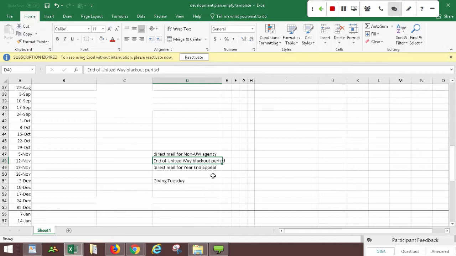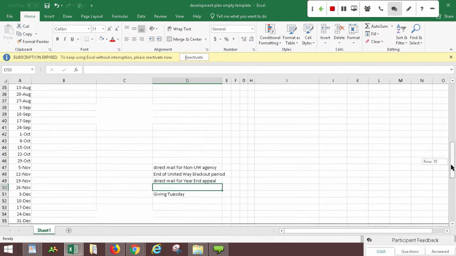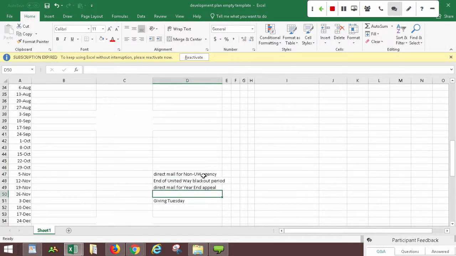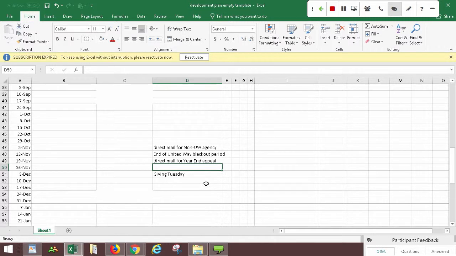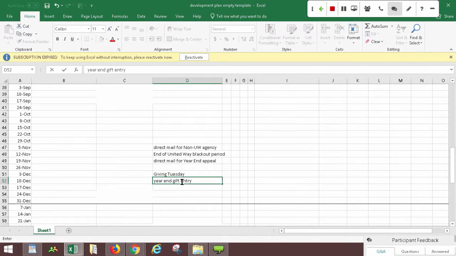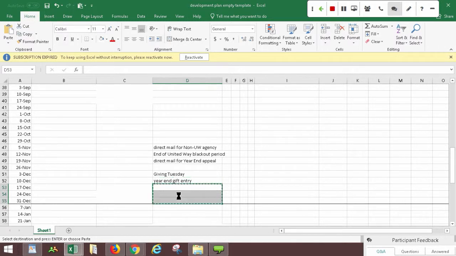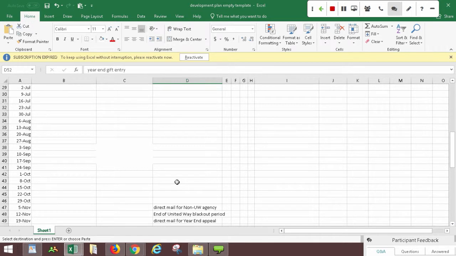Again, you've got to check and make sure that your community is still on this timetable. But regardless of whether the United Way is a consideration for you or not, year-end appeals and gift entry are going to be things that are going to be taking up your development department's time for the rest of the calendar year.